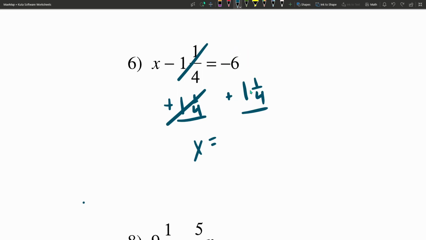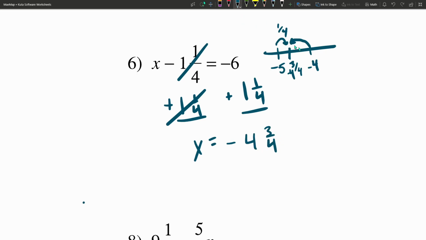That's going to be a negative 5, but then we're still adding an extra quarter to that. So going a little bit past negative 5 on the number line by 1/4, we're not quite at negative 4 yet, but we're at negative 4 3/4.